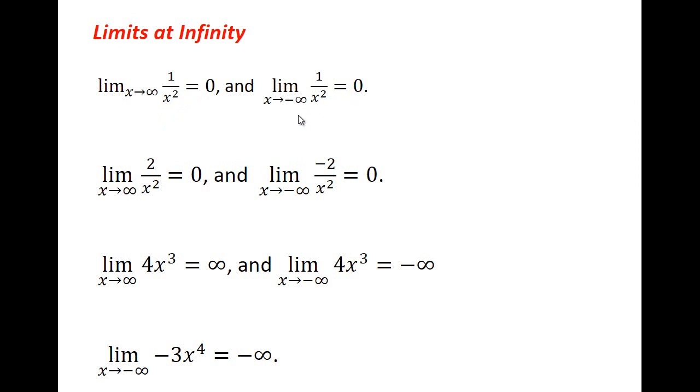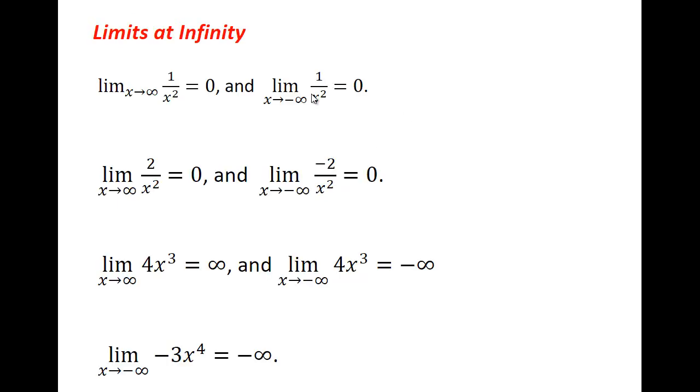Similarly, if I look at the limit of 1 over x squared as x goes to negative infinity, I also get 0. The reason is, in this case, x is becoming large in the negative direction. However, it is very large, so we are still dividing 1 by larger and larger positive numbers, so we would be getting 0. Imagine that x is something like 10 to the power 10.